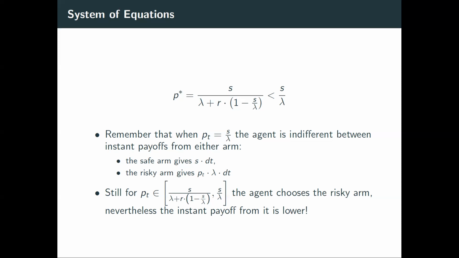And if in the meantime you got an arrival, you stay on the risky arm forever. And if your initial belief was below this P star, you instantly go with the safe arm and stay there forever. So in all the cases, we have described your optimal behavior.